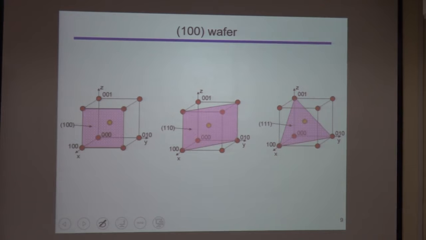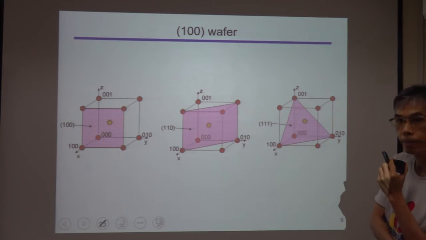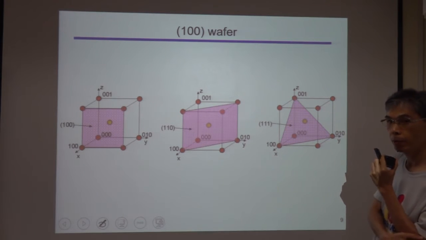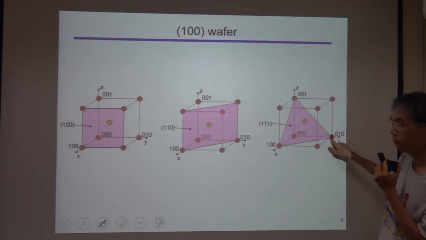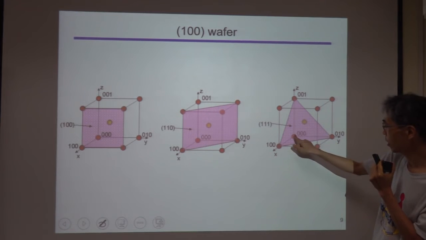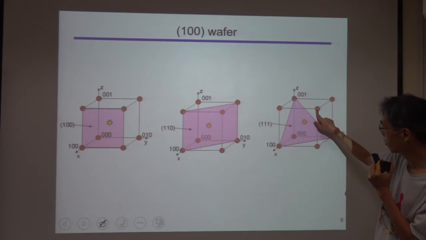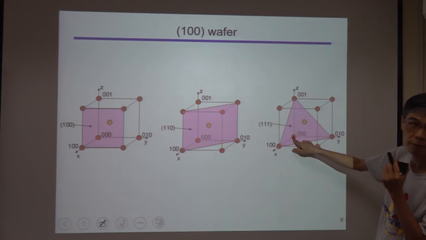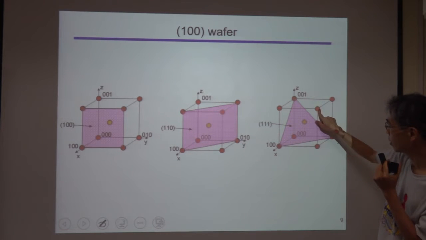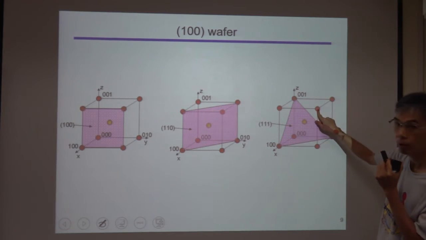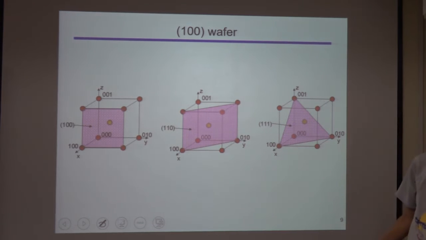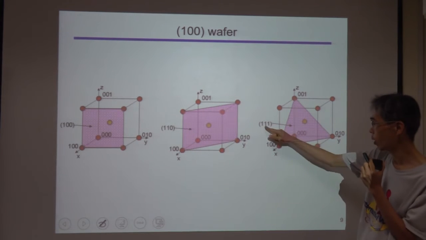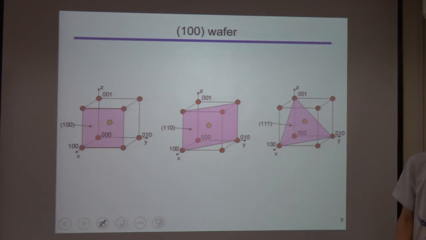Because the normal vector is 111. Look at this surface. The vector normal to this surface is from this atom to this atom. So we can draw the vector from this atom to this atom. For this vector, the three components are 1, 1, 1. So that's why this surface is the 111 surface.